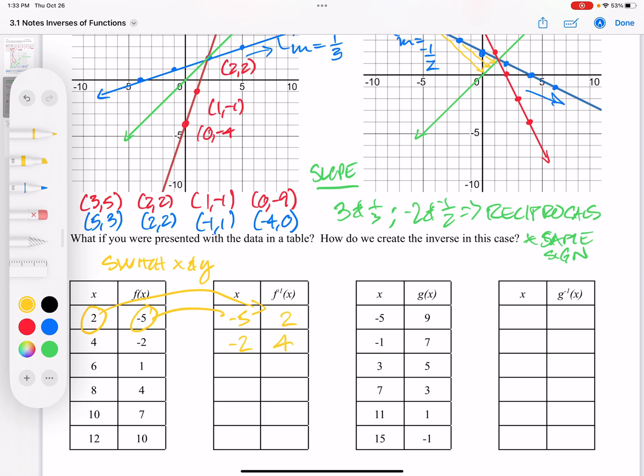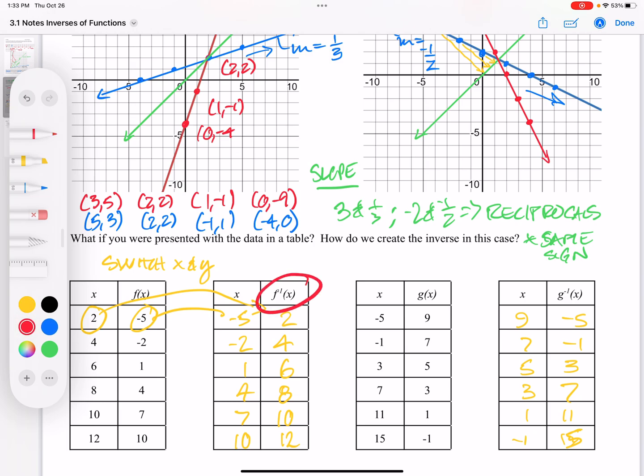And we can do that the whole way through. And 7, 10, and 10, 12. Same thing on the other side. This would be 9, -5, 7, -1, 5, 3, 3, 7, 1, 11, -1, 15.